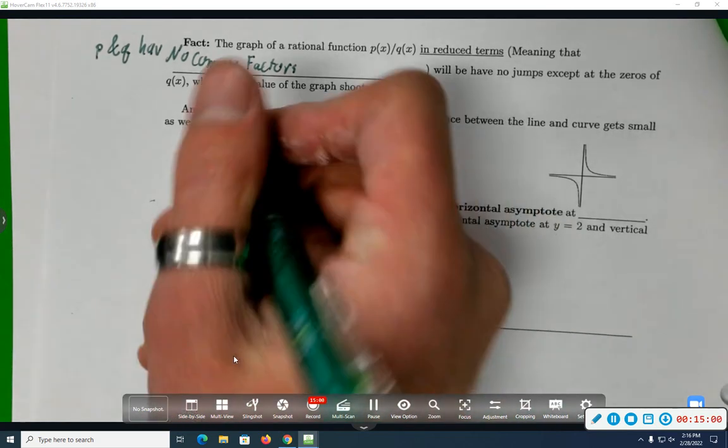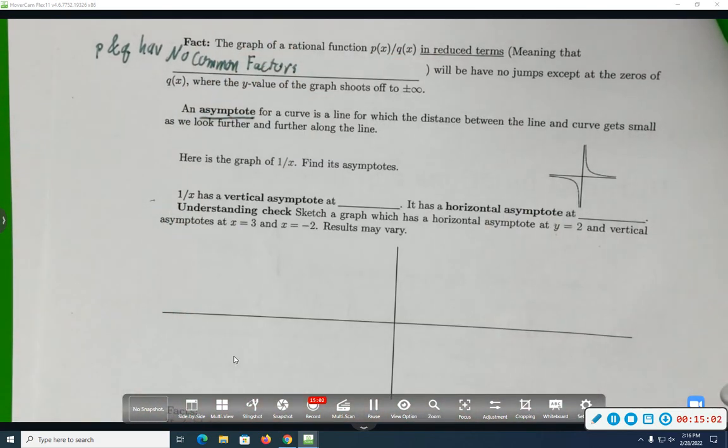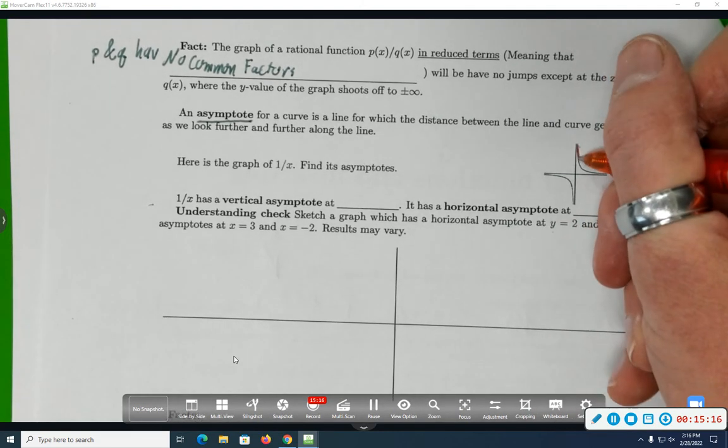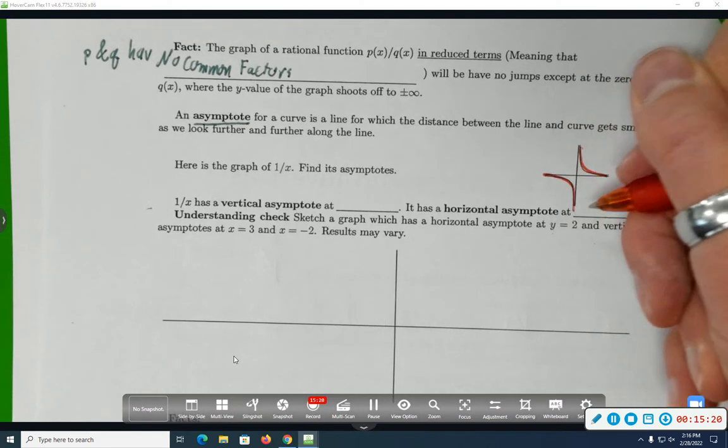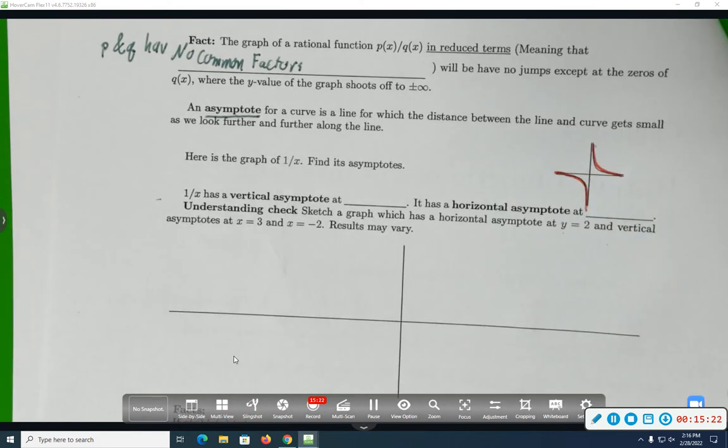With that in mind, let's define this. An asymptote for a curve is a line which is chosen such that the distance between the graph and the line gets really small as long as you look at a really big y value or a really big x value. So let's go back to the graph of 1 over x. There it is. Are there any lines that graph seems to get close to when x is big or when y is big?